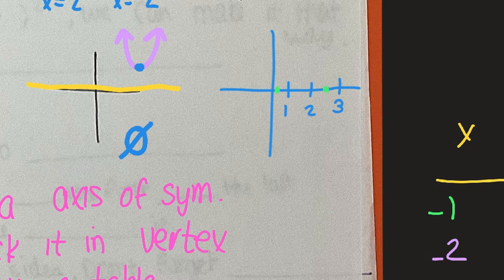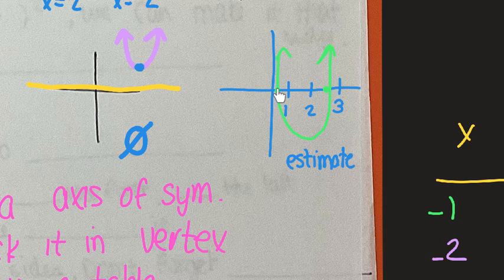I mean, it would be nice if everything was a whole number, but let's be realistic. Most answers are not going to be whole numbers. So it is possible that you're going to have to estimate. You're going to have to guess and just get close. Really, you're not going to get exactly what the book's answer is.